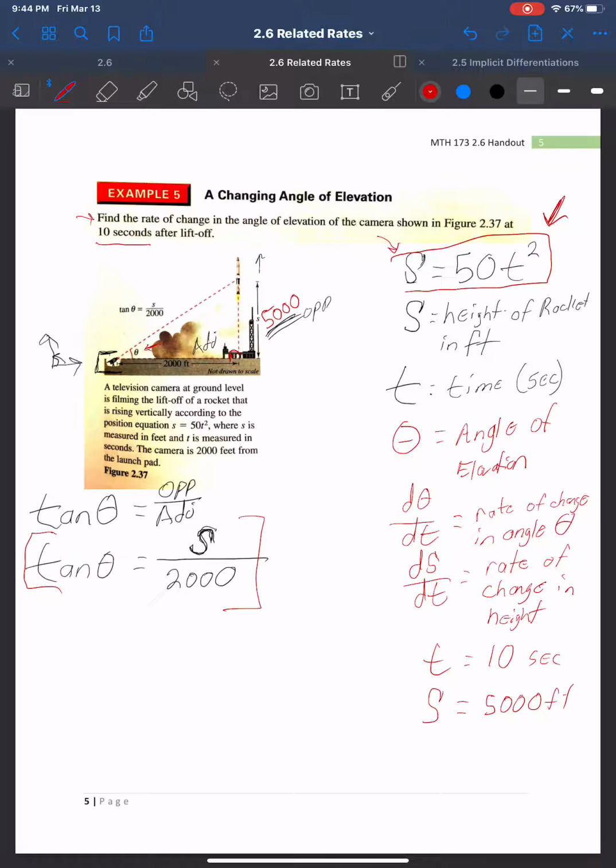Ready? Let's take the derivative. What is the derivative of tan theta? Well, I don't have a lot of room here, but this is d of dt, the derivative with respect to time. The derivative of tangent of theta is something that you can reference, right? This would be on a formula sheet. You can commit these to memory. I had many professors that made me commit things like this to memory.